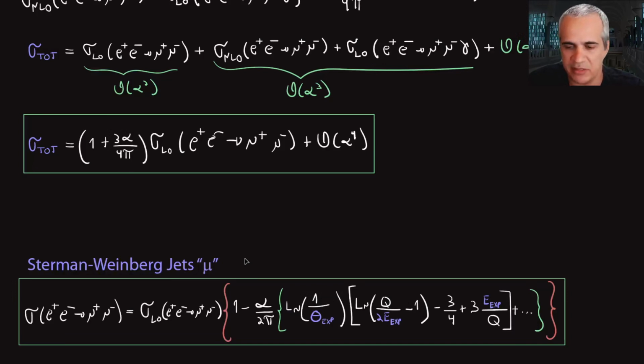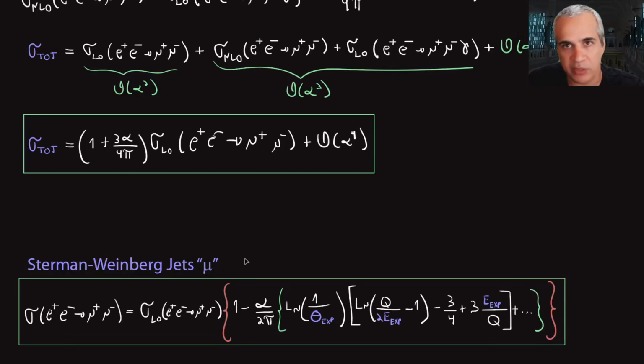You have to say something about how sensitive to soft photons your detector is. What is the angular resolution of your experiment? Because if the muon and the photon are going together, there's a minimum angle which your experiment can see. Anything smaller than that will be confused with just a muon, right?